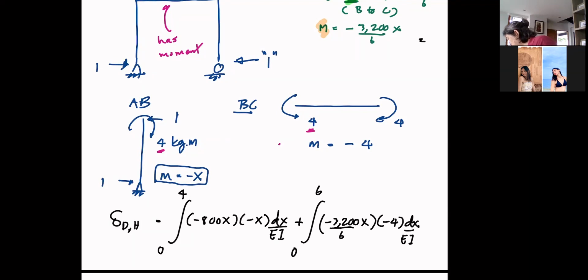And play some calculation music. This is going to come out to be equal to 55467 over EI. Okay.